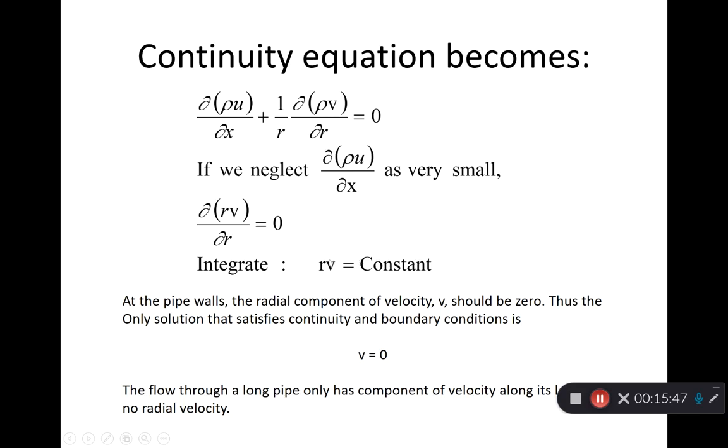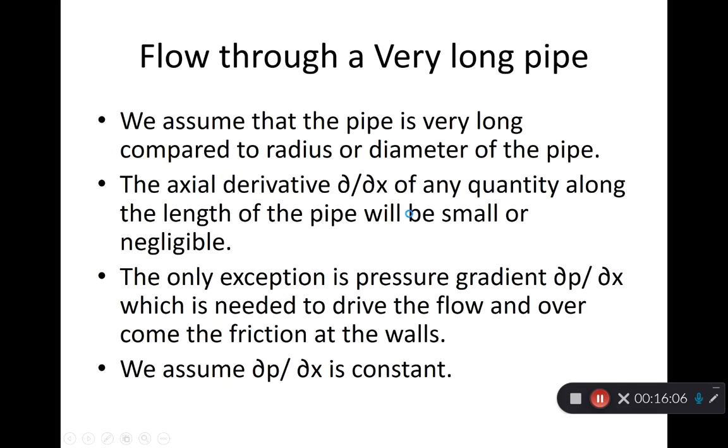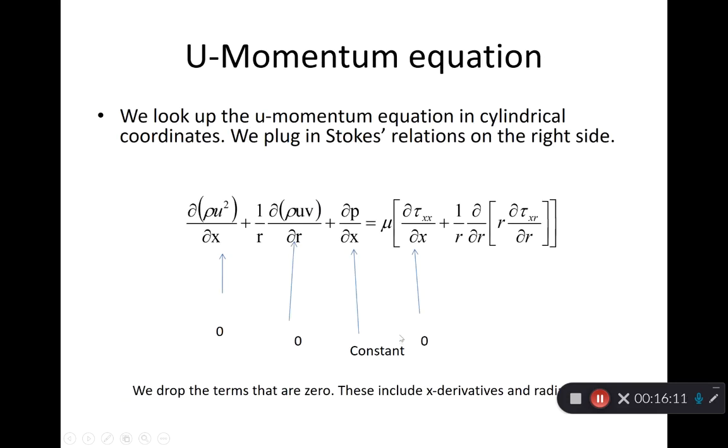Likewise, at the walls of the pipe, v is 0. Therefore, this constant has to be 0. So the only meaningful solution we get from the conservation of mass, there should have been an r here, like we showed in the earlier slide, is rho r v. Rho drops out of the picture. So v is 0.